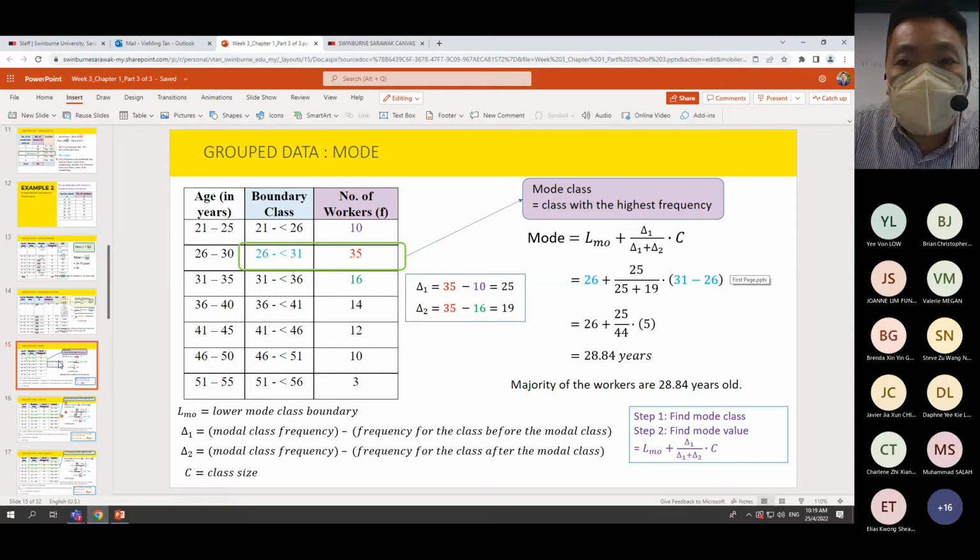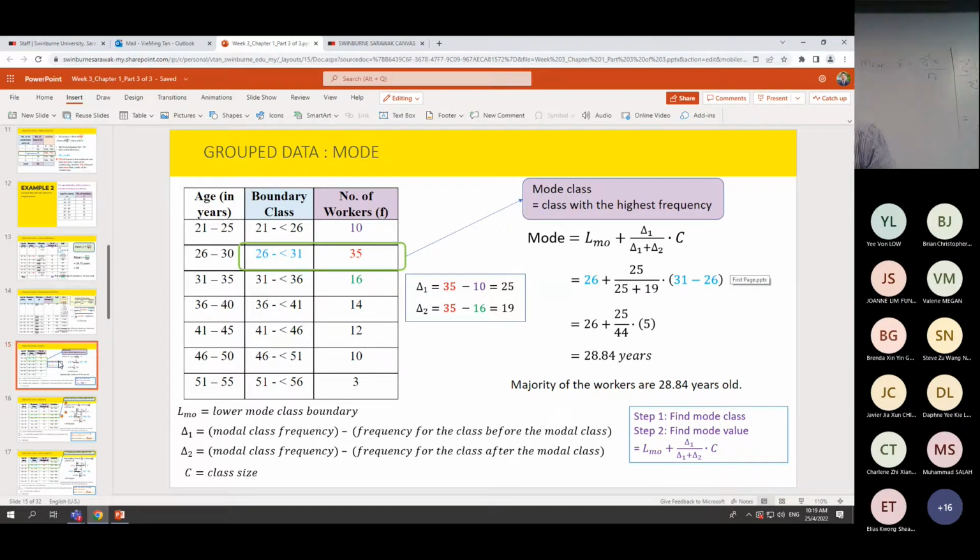Then how about the class size here? C means class size. For class size, you use the mod class interval, 31 minus 26, because this is the mod class, which has the highest frequency. Until here, okay?